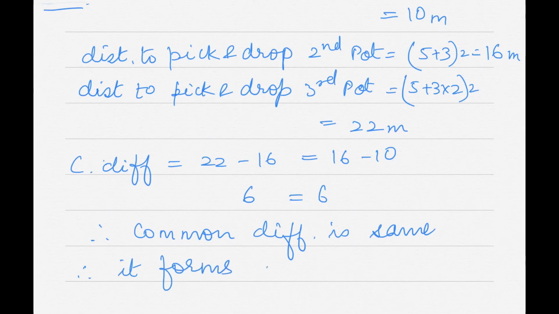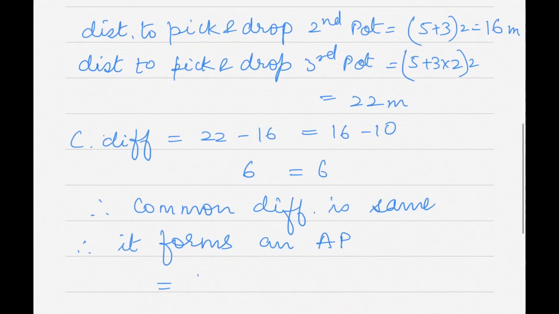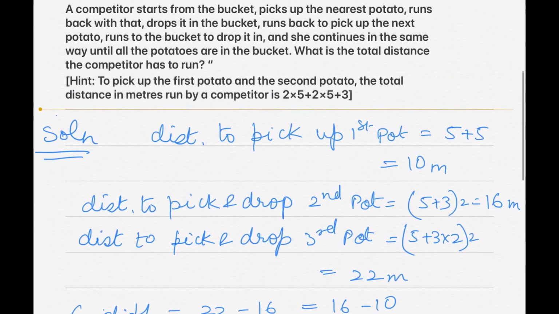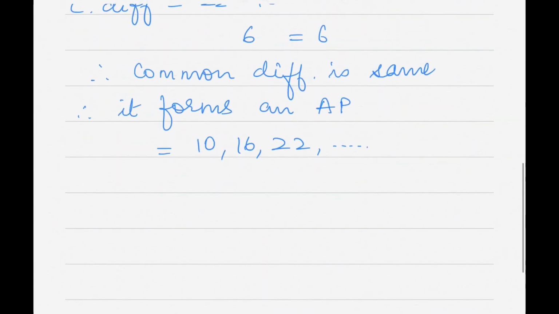It forms an AP. So my AP starts with 10, 16, 22, and goes up to how many terms? They have said 10 potatoes are there, so up to 10 terms, so N is equal to 10, correct?